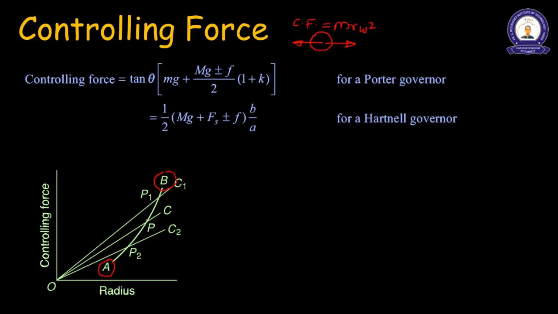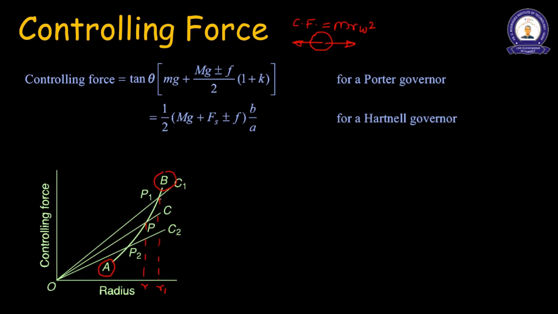So if the governor is rotating at the speed p, it will have the corresponding radius of r. Now if the speed increases to p1, the radius is r1.